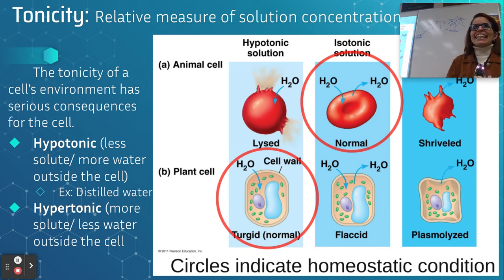Plants, however, like hypotonic solutions like distilled water that allow the water to rush in, and that increases the turgor pressure, and that allows the plants to stand upright, and so that allows them to photosynthesize well. For both of us, plants and animals, salt water is bad. That pulls water out of our cells and causes our cells to shrink and causes our cells to not function correctly. Okay, moving on.